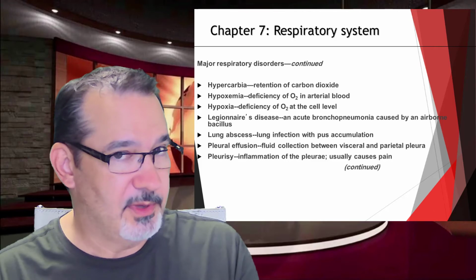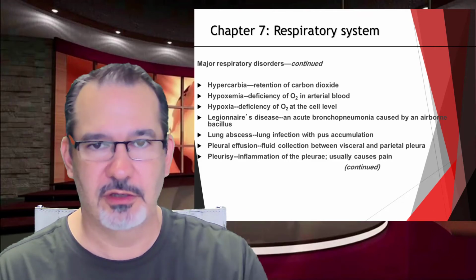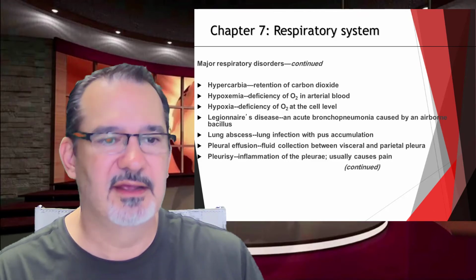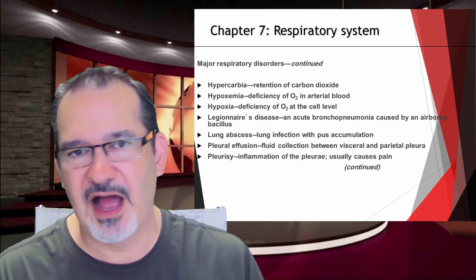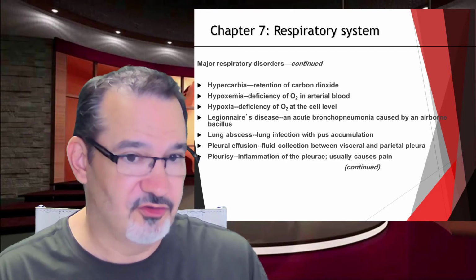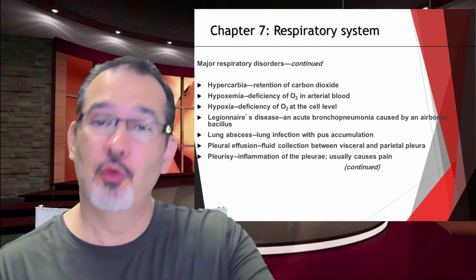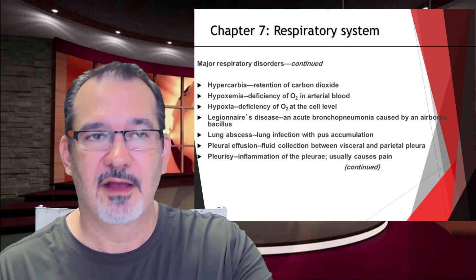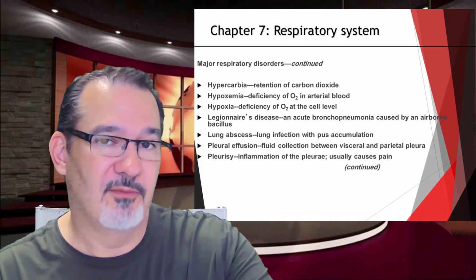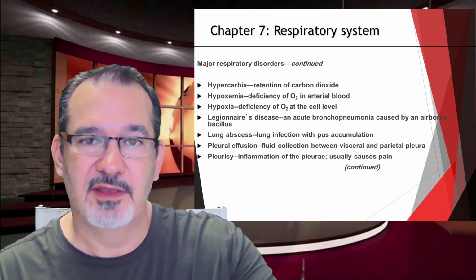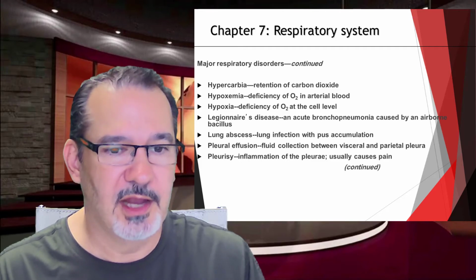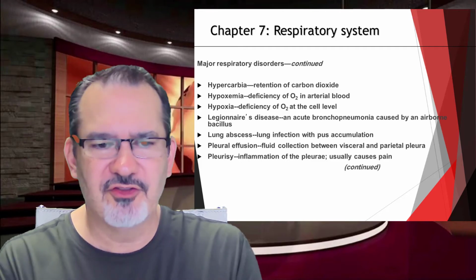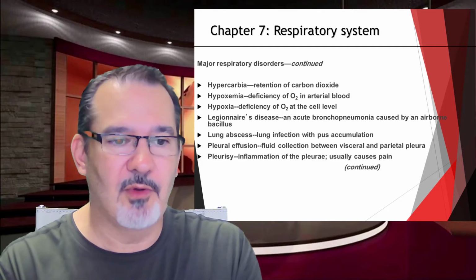So hypercarbia is retention of carbon dioxide. Hypoxemia is deficiency of oxygen in our arterial blood. Okay, so that would be a diagnosis that could come from doing something like the pulse oximetry, where we measure the oxygen in the arterial blood. Okay, Legionnaires disease. Let me hit that one in a second.